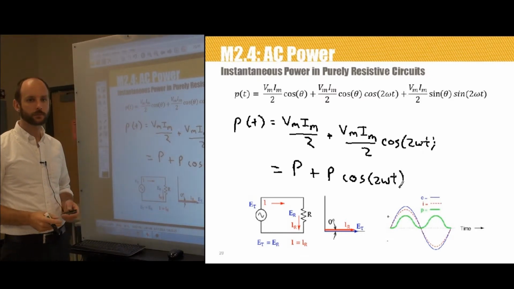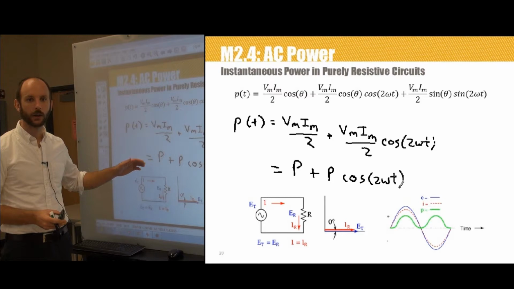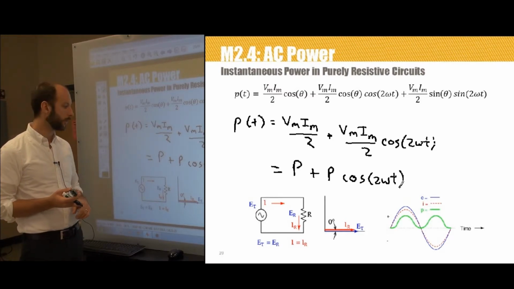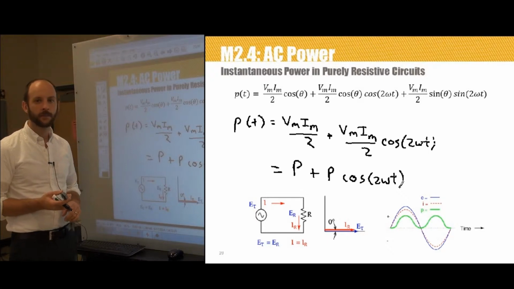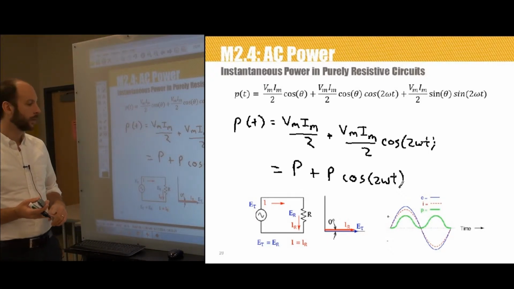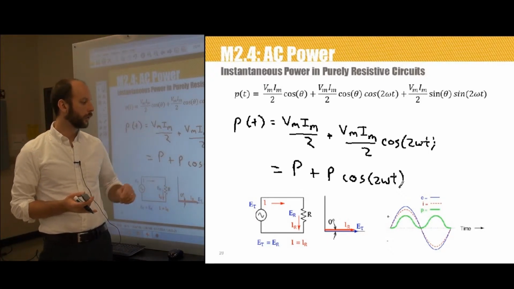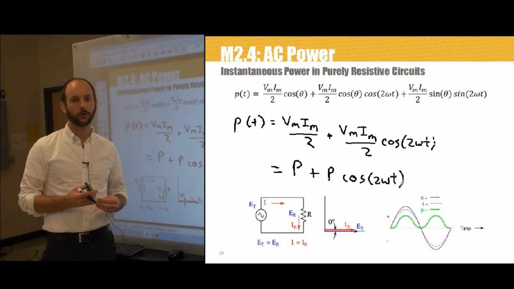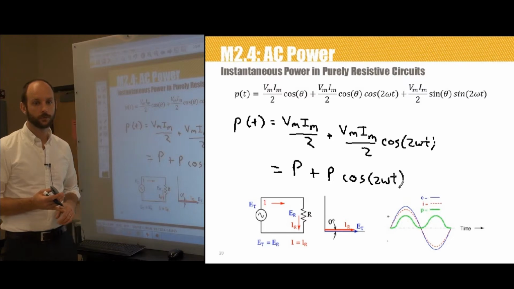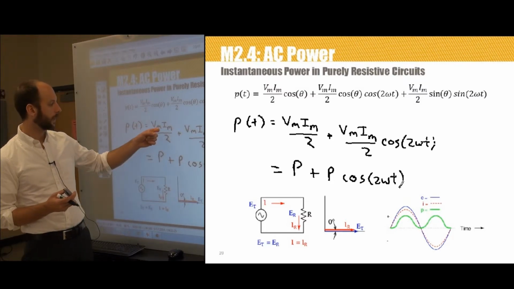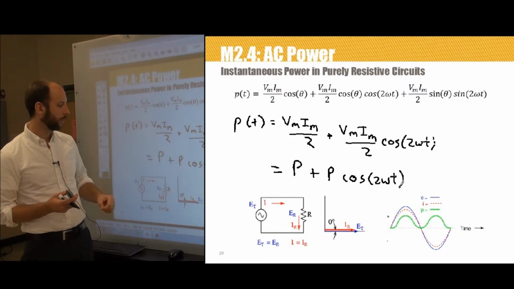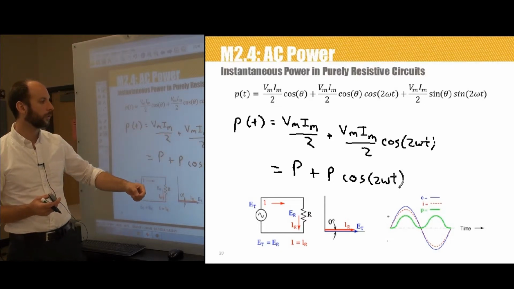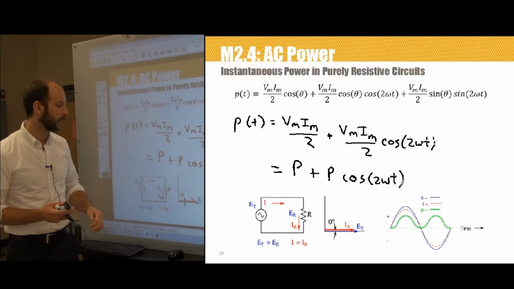What we're showing here is that instantaneous real power in a resistive load is always positive and has twice the frequency of the voltage and the current waveforms. We've got Vmax Imax over 2, and we then add to it Vmax Imax over 2 times the cosine of 2 omega t.